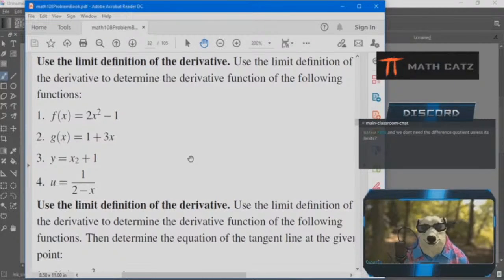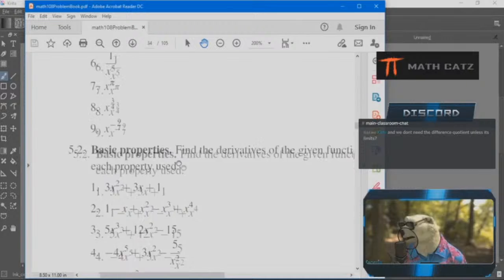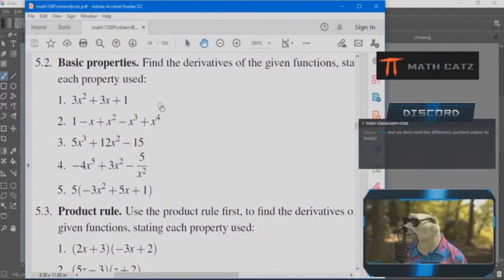But fair enough, there might be a question that says use the limit definition. But then also see the functions are quite simple because we understand the limit definition is messy. But in that case, you have to do it. If it doesn't say, definitely never ever do it. You will waste time for one and probably make a mistake because using the limit is so much more tricky.